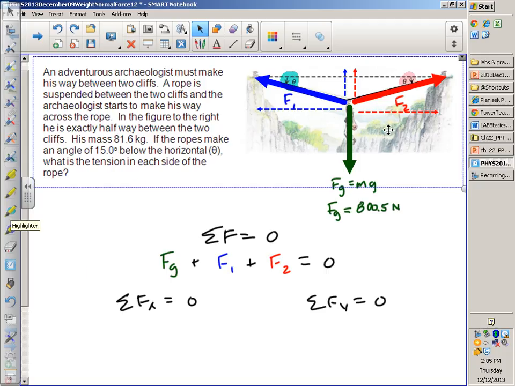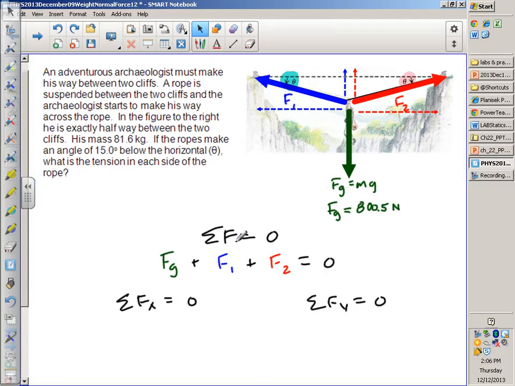As we look at this picture now, how many forces are there on the y-axis in this picture? 3, right? We've got gravity pulling down. We've got the y component of F1 pointing up, and we've got the y component of F2 pointing up. Yes, they are in the same spot, but they are 2 different forces.